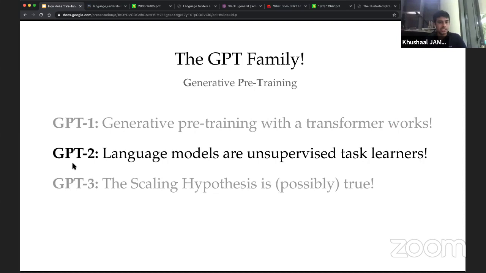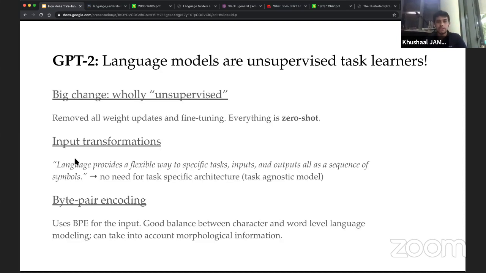Now let's move on to the second one, GPT-2. GPT-2's big change is that it became wholly unsupervised. All training became zero shot. There were no weight updates during fine-tuning, and indeed there was no concept of fine-tuning at all. The model is much larger than GPT-1.